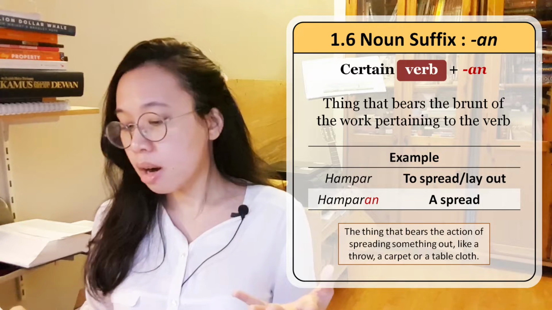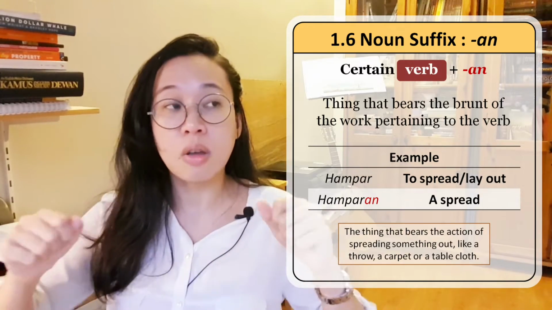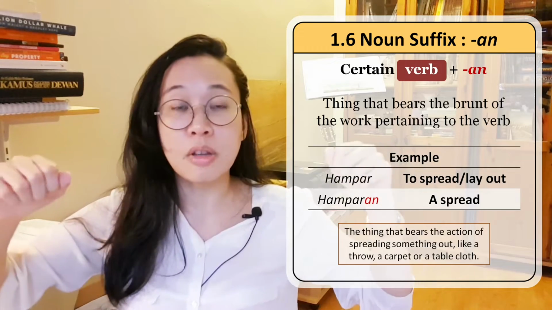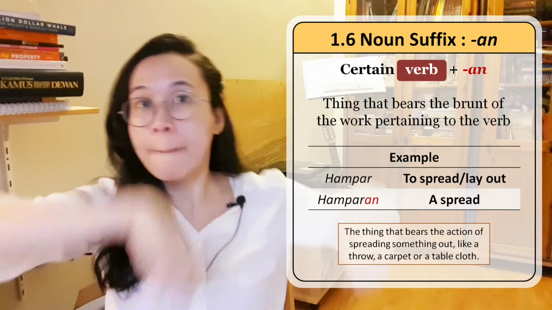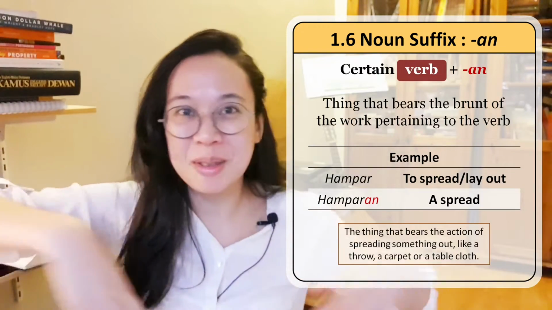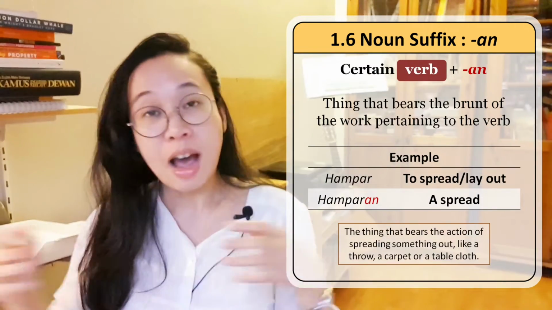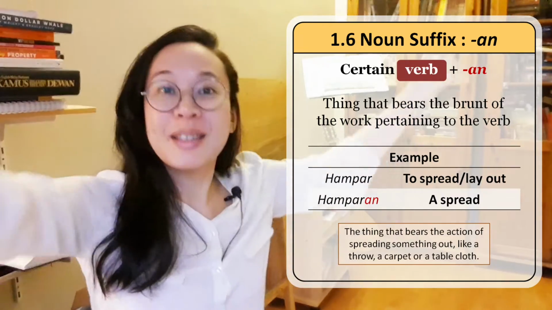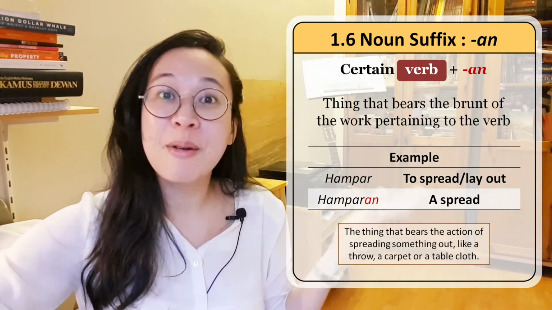Okay, hampar. Hampar is the act of spreading out something, like if you have a piece of cloth and you want to spread it out to dry it or to clear it of dust, right? Hamparan is the thing that is being spread out, so like a carpet or a throw.